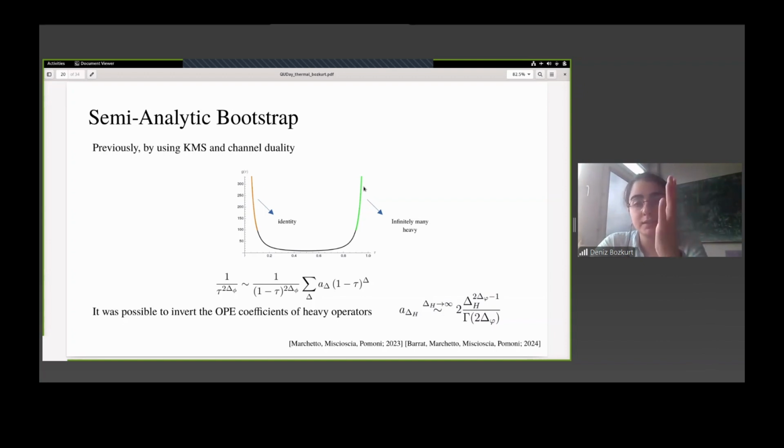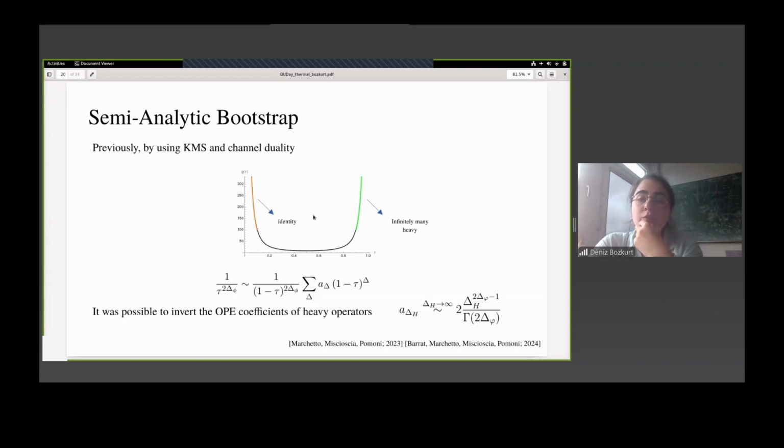And on the other side, when you employ KMS and go to tau very close to 1, then infinitely many heavy operators create exactly the same effect that the identity operator was creating around 0. And this brings us a form of channel duality for two-point functions, like CFT four-point functions would have, for example.